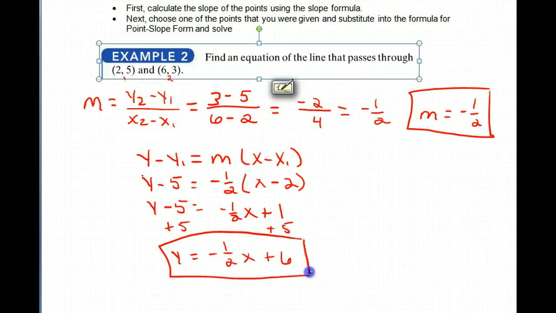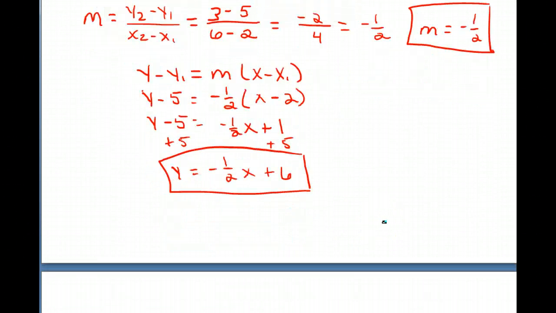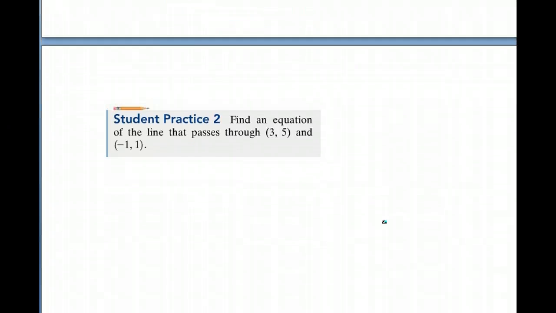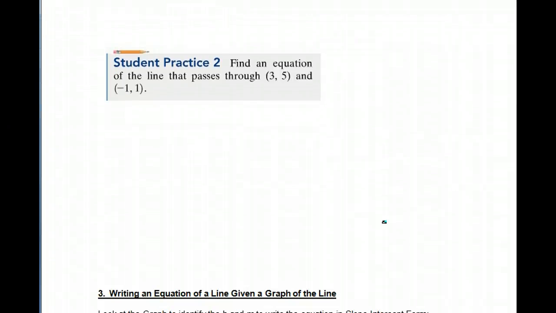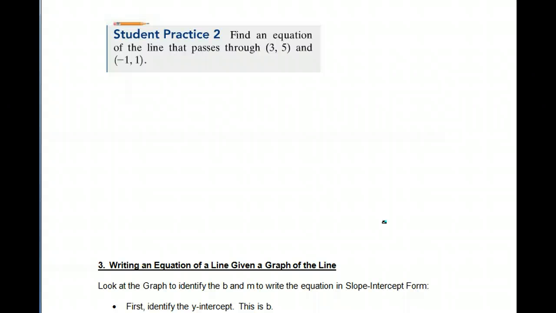And that shows us our slope-intercept form of the equation that passed through the two given points. I would like for you to go ahead at this point and try student practice 2. Please pause the recording. As soon as you're ready, please press play and we'll check your answer together.